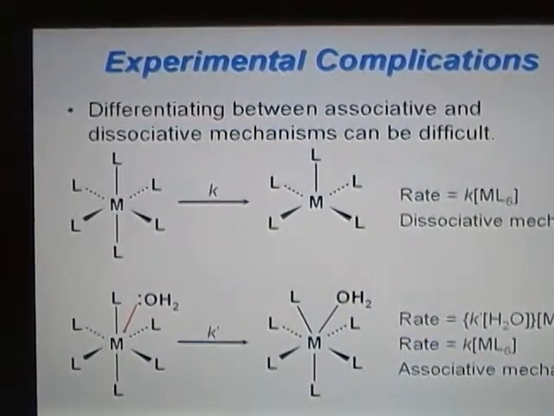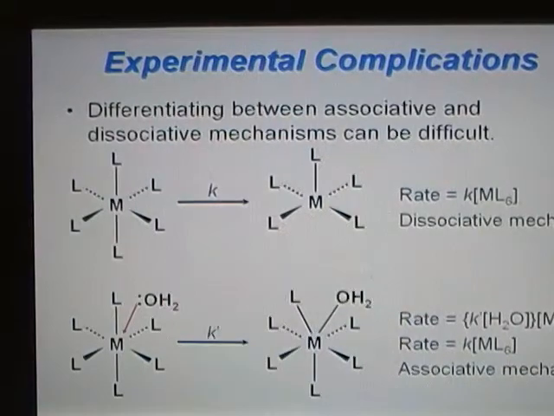Now, when we try to decide whether a chemical reaction occurs through an associative mechanism or a dissociative mechanism, it can be very difficult. The reason why is associated with the rate determining step.